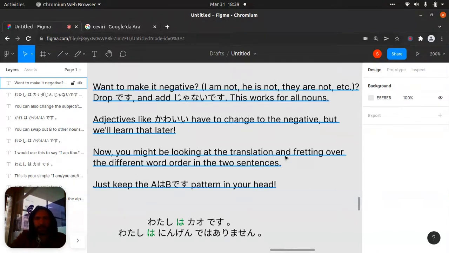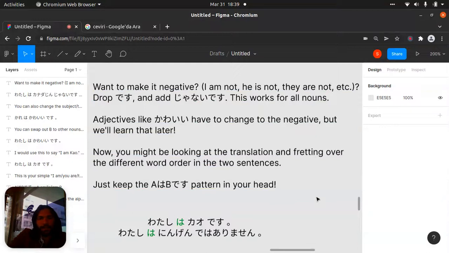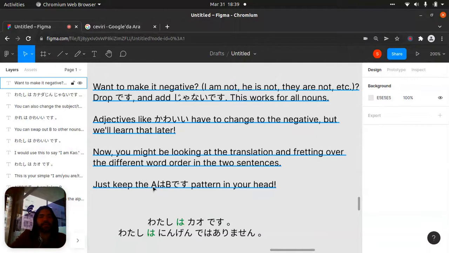Now you might be looking at the translation or the different word order in the two sentences. Just keep the pattern. A will be our noun, which is what we're talking about: I, you, they, he, she, anything like that. The wa is always here. It will make is, are, anything like that, and B will be our verbs. There will be some things you can put in between.